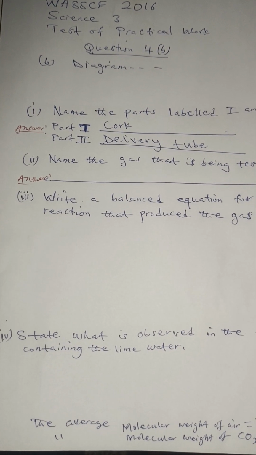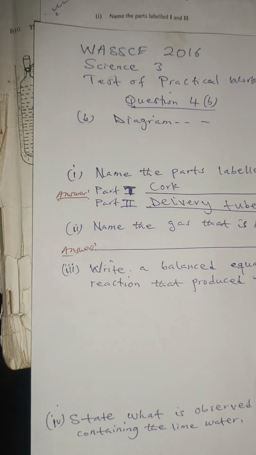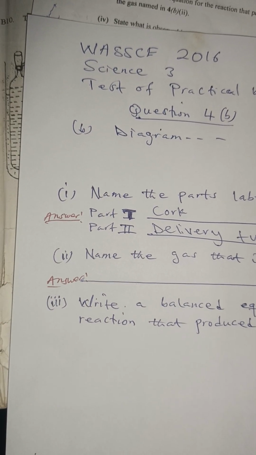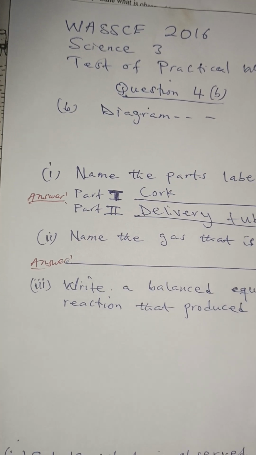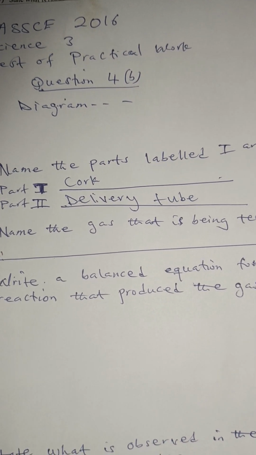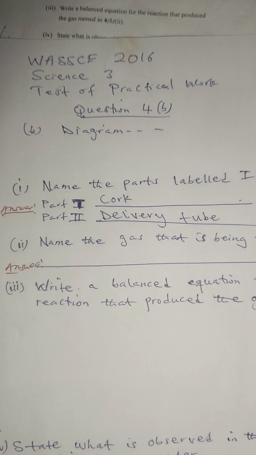Name the gas that is being tested for. I will give you this clue. The moment you see a particular compound with another compound, mostly this carbonate, your mind should tell you that the gas mostly that will be prepared will be what? Carbon dioxide.